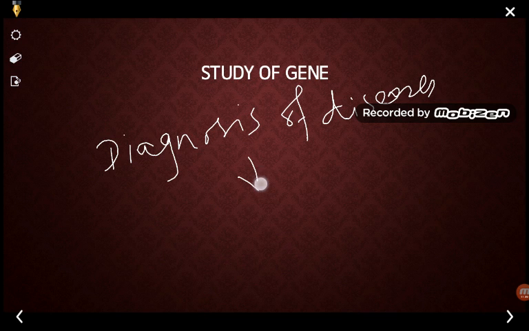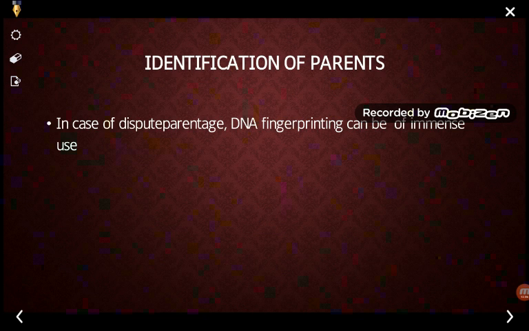Whatever infectious diseases there are, we can identify them using the different techniques of genetic engineering. So if a person is suffering from any type of infectious disease, that can be identified and diagnosed. So the study of genes and the diagnosis of disease can both be done by means of genetic engineering or recombinant DNA, which is an application of it.